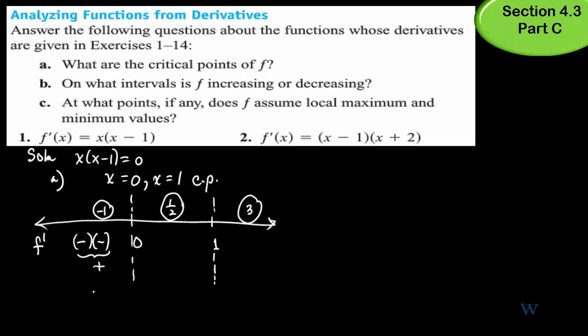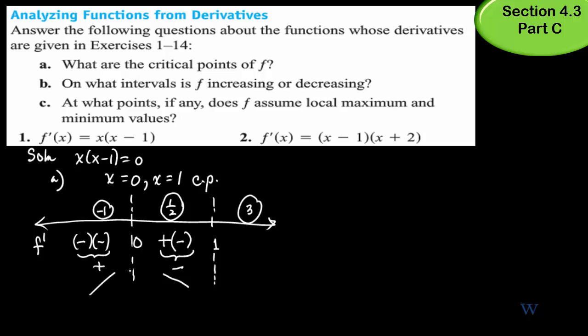If it's positive, it's increasing to the left of 0. Now between 0 and 1, plug in 1/2, which is positive, multiplied by 1/2 minus 1, which is -1/2, so that's negative. What is the product of positive times negative? It's negative. So you have a decreasing function on the interval from 0 to 1.